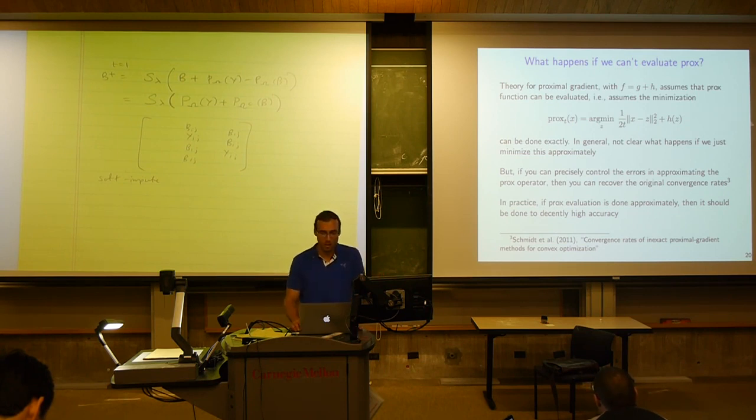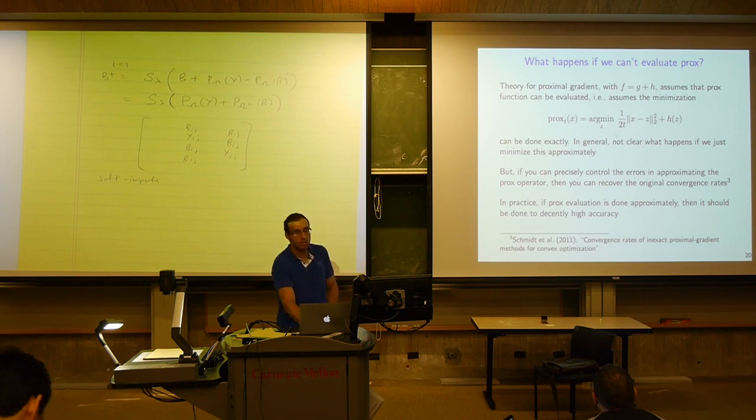Will that converge? In general, it's not clear what's going to happen if you approximately evaluate the prox, especially if you're not getting very accurate solutions. There is some nice theory, recently established, that shows that if you can precisely control the errors in approximating the prox operator, then you get basically all the same guarantees as with proximal gradient.